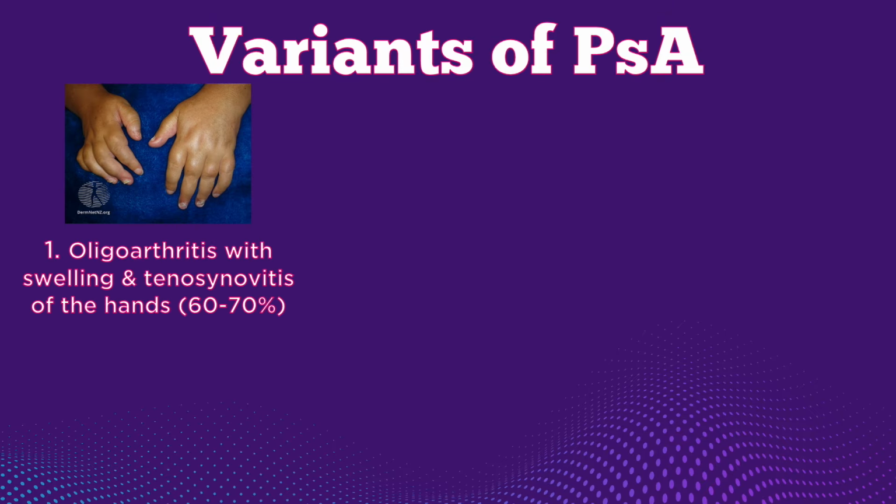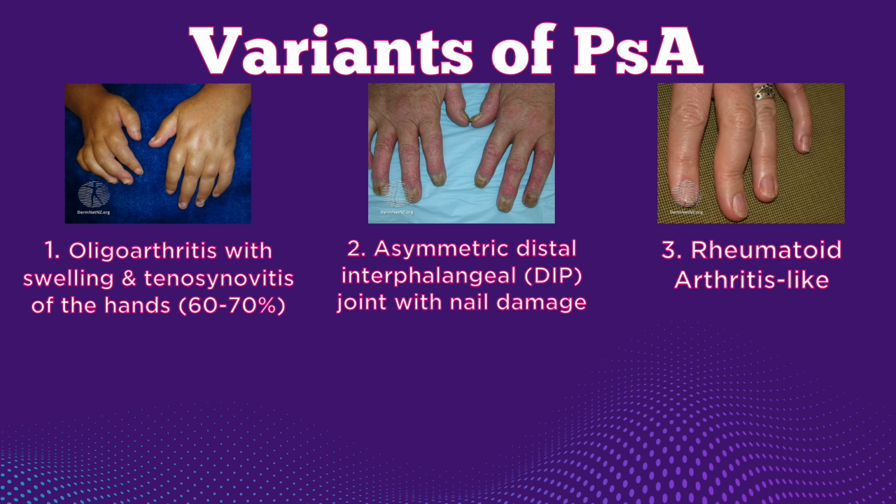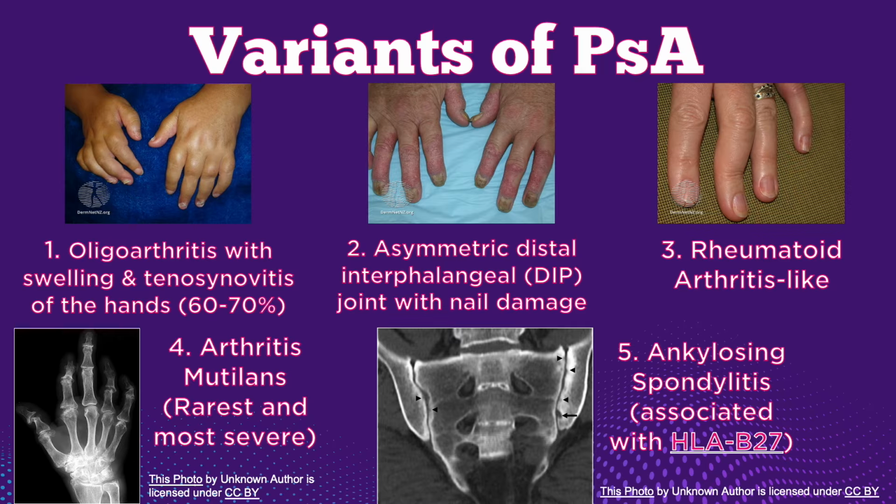Oligoarthritis with swelling and tenosynovitis of the hands, which makes up 60 to 70% of cases. Remember that oligo means few, so it affects a few hand joints. 2. Asymmetric distal interphalangeal joint, aka the DIP joint, with nail damage. 3. Rheumatoid arthritis-like. 4. Arthritis mutilans, which is the rarest and the most severe form. And 5. Ankylosing spondylitis, which is also associated with HLA-B27.